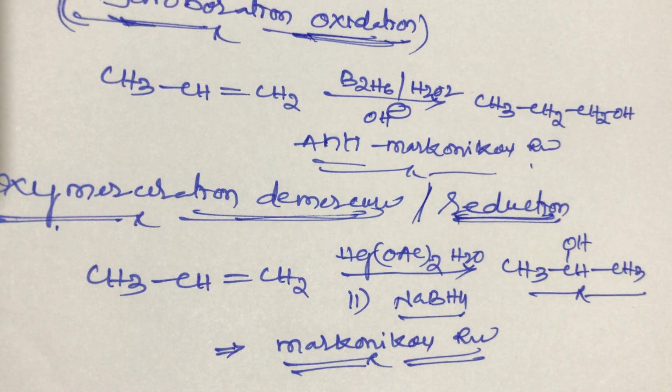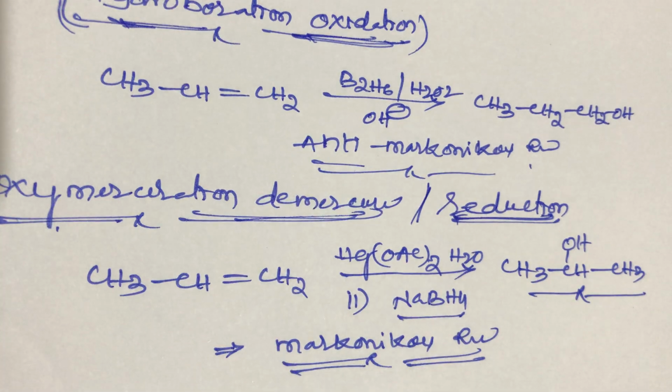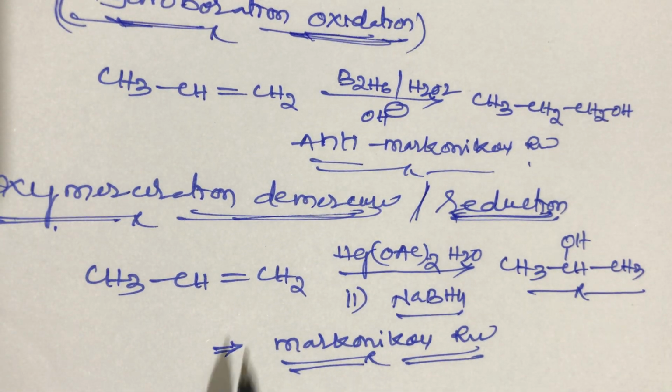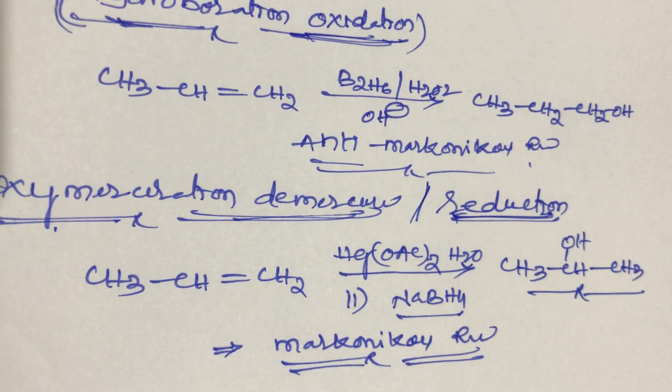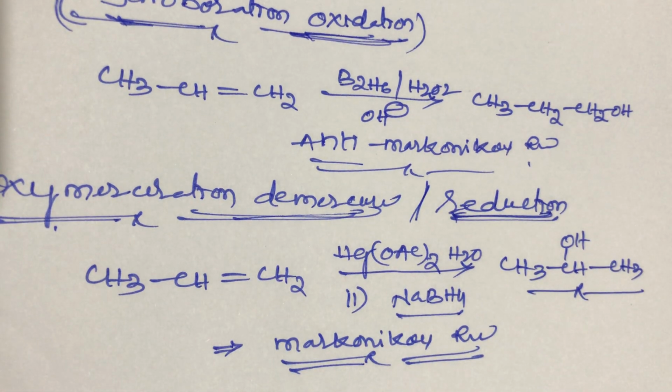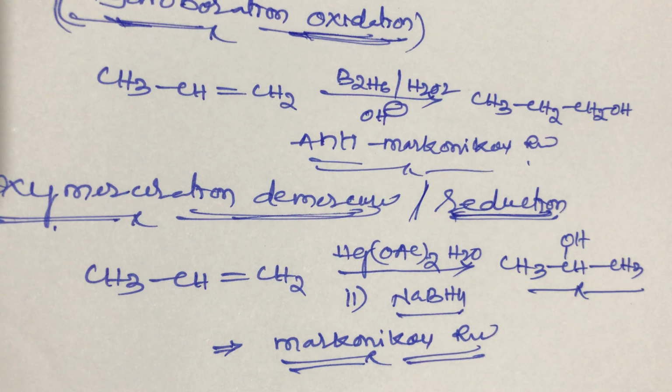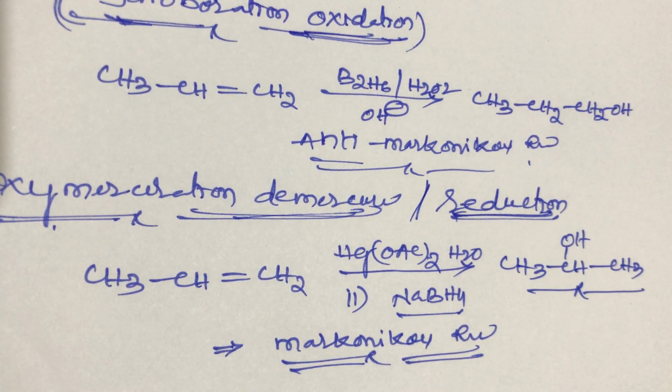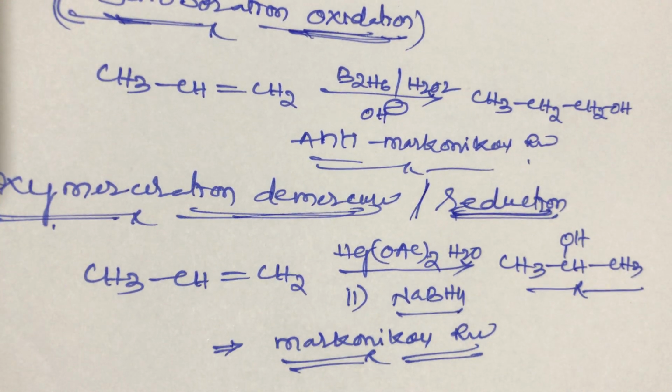Both reactions are addition of water. So both oxymercuration demercuration and hydroboration oxidation are addition of water. One follows the Markovnikov rule, and the other follows the anti-Markovnikov rule. This is a simple trick, student.